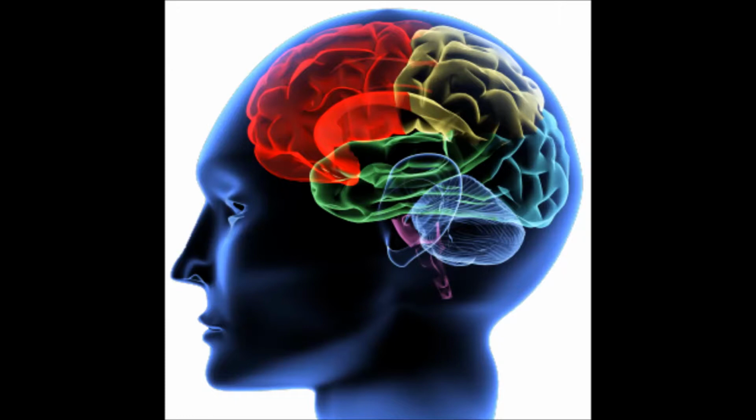So these lines here are the divisions between the areas of the body that are innervated by the nerves that originate in these various parts of the spinal cord. So, for instance, all of these areas here are innervated by the cervical neurons in the cervical segment of the spinal cord, both motor and sensory neurons.